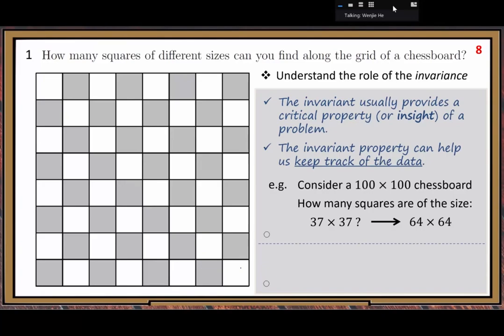Because in your mind, it's very hard to draw that big chessboard. You can draw on your scratch paper and still find the answer, but much slower. You need much more time. But by this invariant concept, some students can get an answer quickly. Think about how important this concept is.